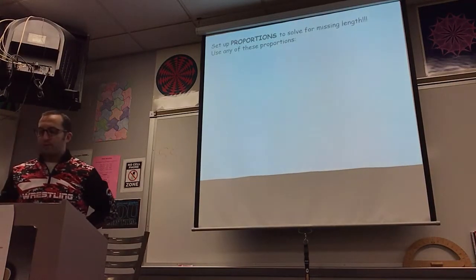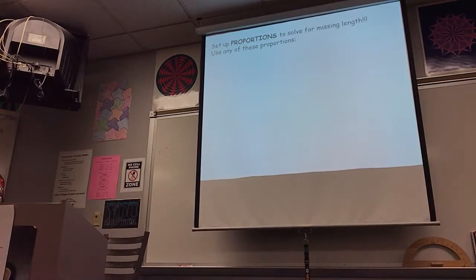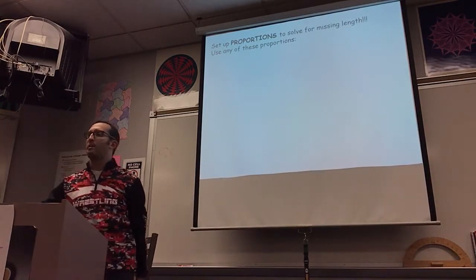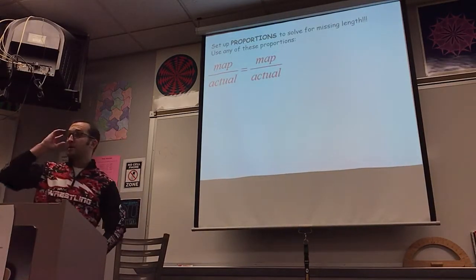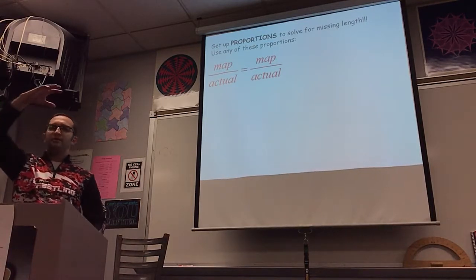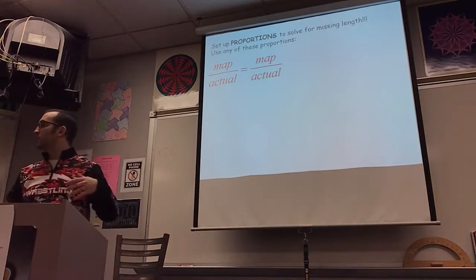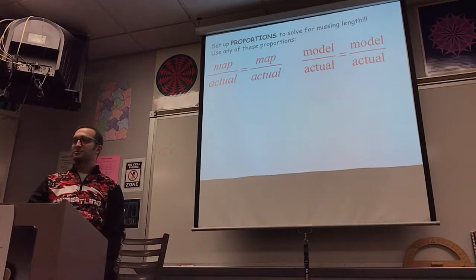Okay, let's write some proportions now. So now we're going to use a scale to help us figure out proportions. There's 3 different things we're going to come up against on our homework today. Talk about maps. Remember how the scale is the drawing over the actual? Well, if we're talking with maps, we have maps over actual. If we're talking about models, it's going to be models over the actual.